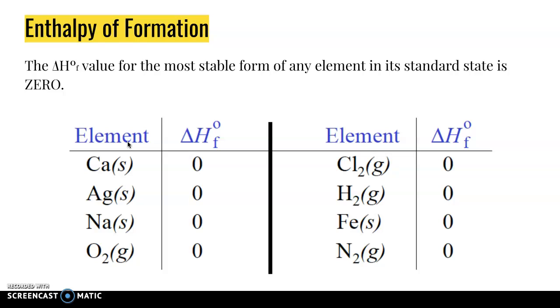Diamond and graphite both exist at 25 degrees Celsius and 1 atmosphere. Graphite is more stable than diamond is, so graphite is listed as a standard enthalpy of formation of 0. The standard enthalpy of formation for a diamond is going to be 1.8.